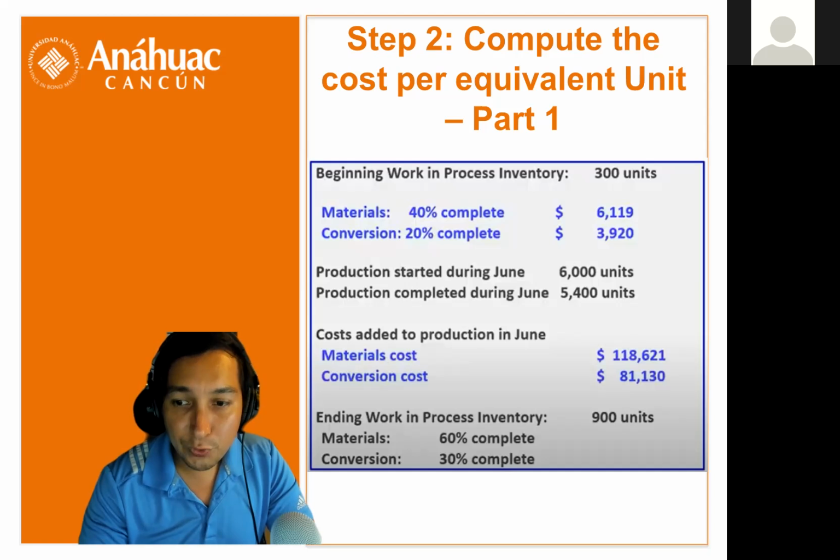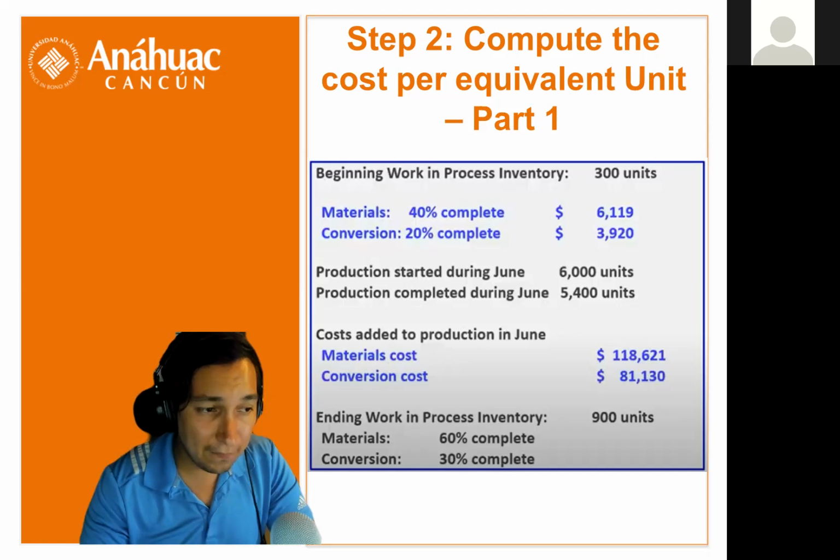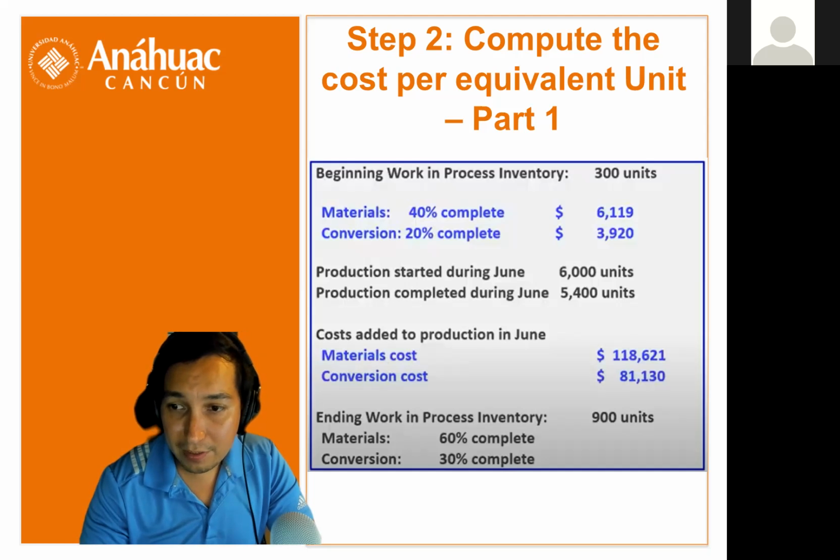So then during the period, we've got 6,000 more units, and then we completed 5,400 of them. In that time, we added material cost of 118,621 and conversion cost of 80,130.